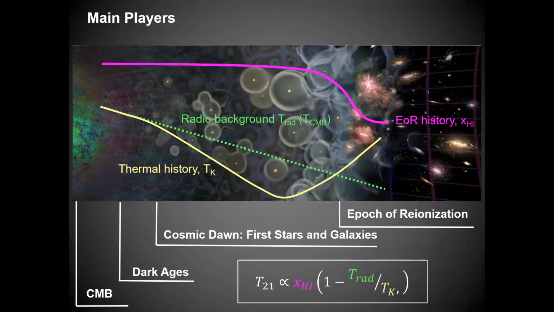And we observe the signal against a background radiation that is the CMB. We can imagine a cloud of neutral hydrogen atoms, and then there is CMB radiation that goes through it. The CMB has a black body spectrum, composed of different wavelengths.